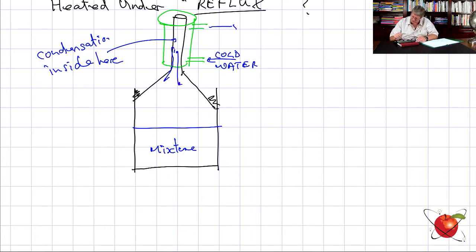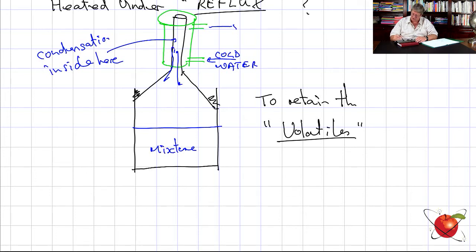And why do we do this? Because essentially you're forming an alcohol, and an alcohol under heat is going to evaporate. So you don't want to lose it. This is to retain the volatiles.